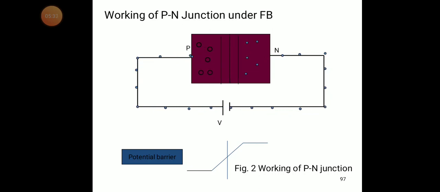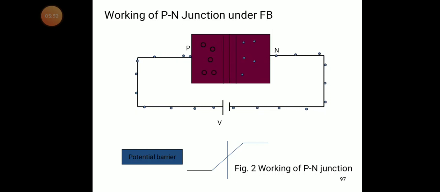Again, electrons from the N-type try to enter the P-type material, but the P-type has immovable negative ions.